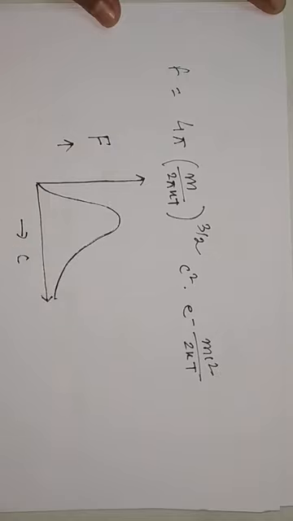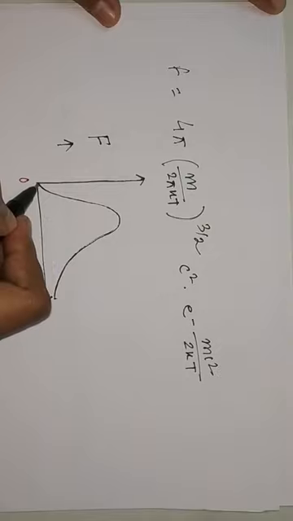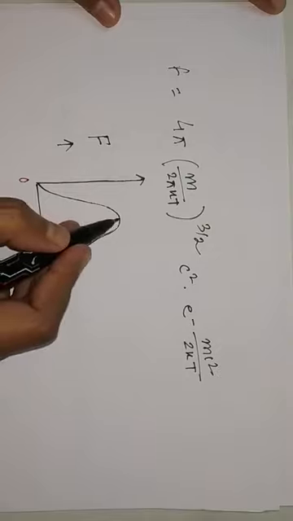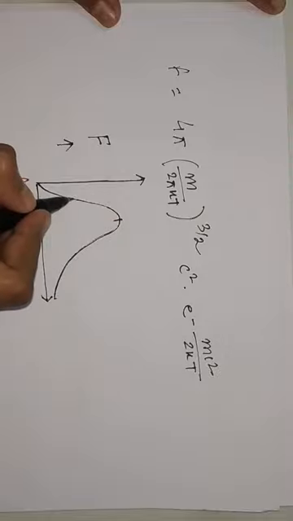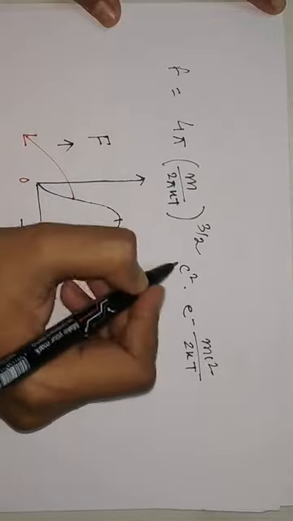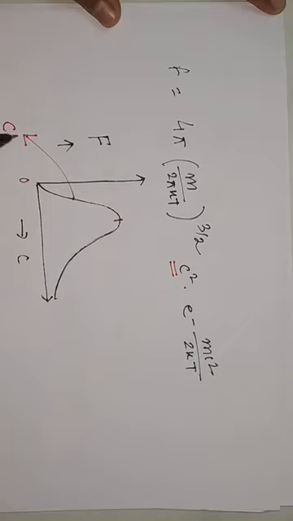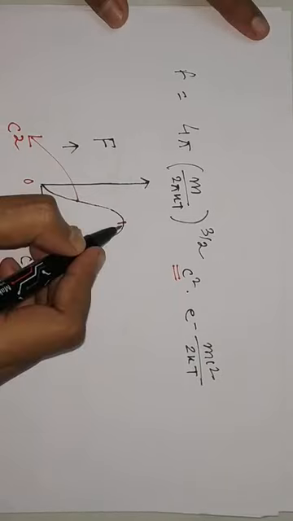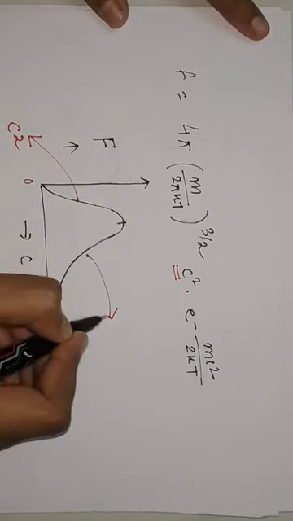And we have discussed that this region, where f is increasing before it attains a maximum, is dominated by the c² term, whereas this region, where it is decaying, decays exponentially.